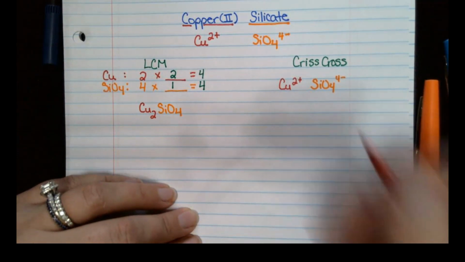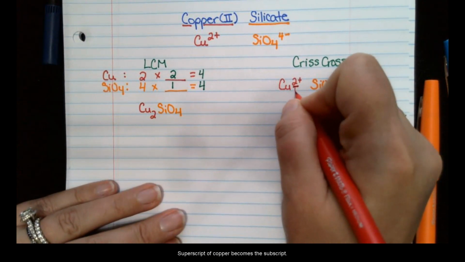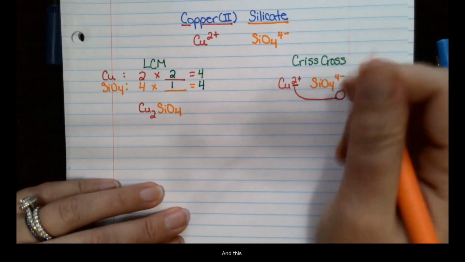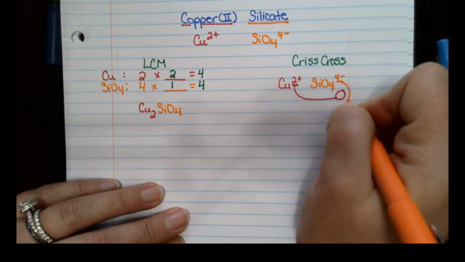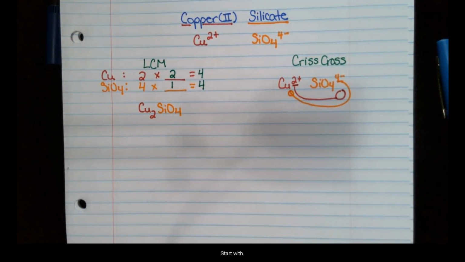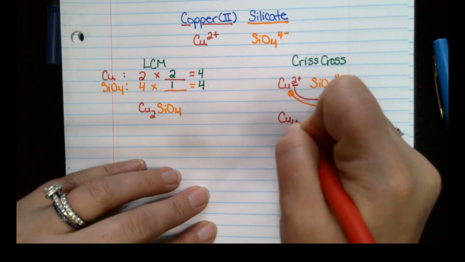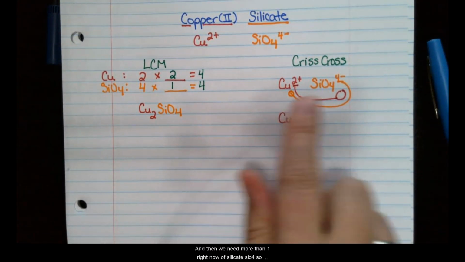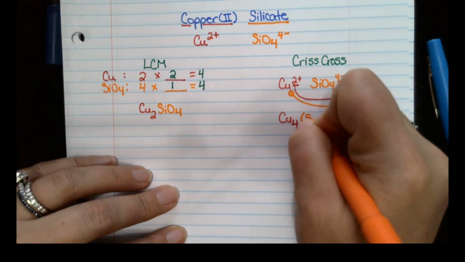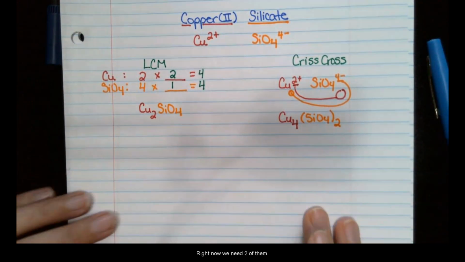So the first thing is this 2 superscript of copper becomes the subscript of SiO4, and this 4 on silicate becomes the subscript of copper. So we start with Cu4, and then we need more than one right now of silicate, SiO4, so you're going to put that in brackets or parentheses, SiO4, and right now we need 2 of them.